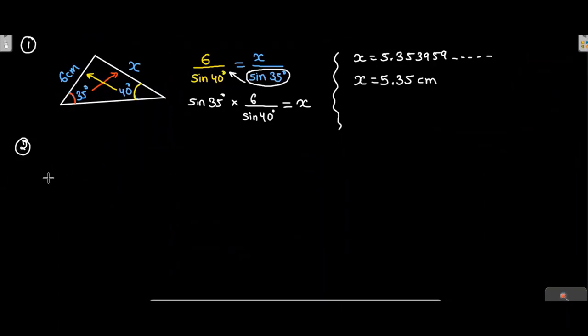Let me draw it a little bigger. What information is given to us in this question? This is 45 degree. This is 52 degree. This value is given as 7 centimeter. This is 5 centimeter.